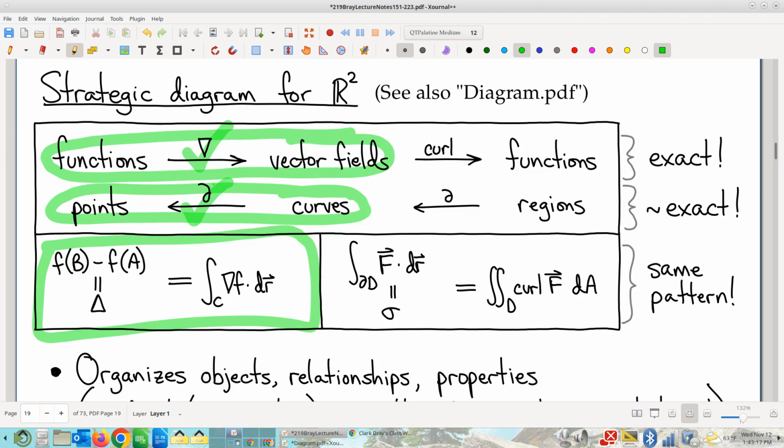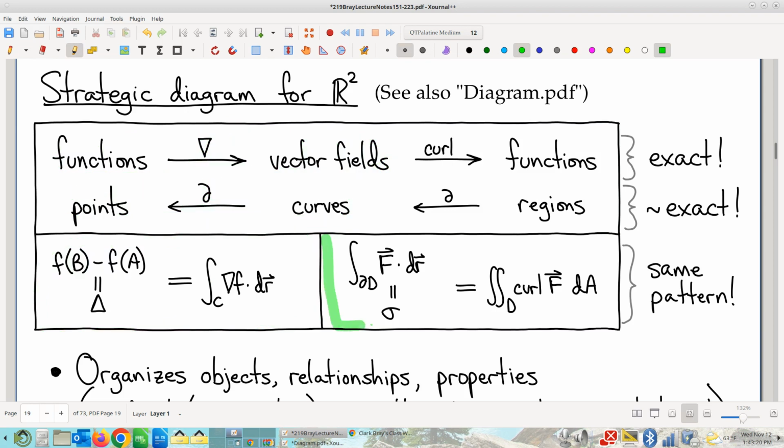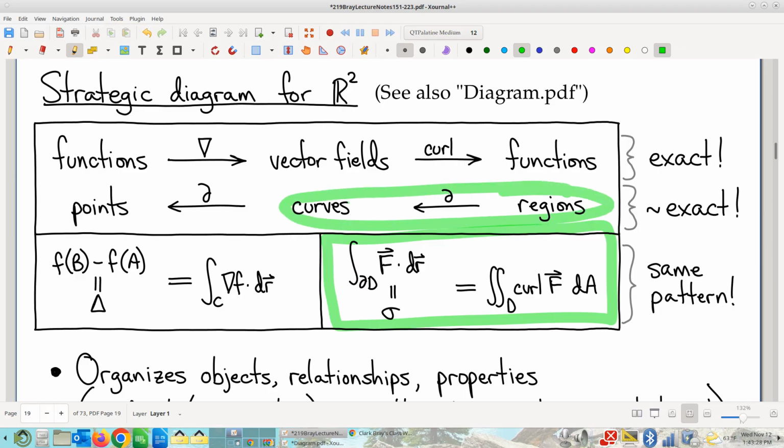And then notice as well, Green's theorem, same story. Green's theorem is about two-dimensional regions and their boundary curves, and in particular, in terms of a vector field and its curl function.